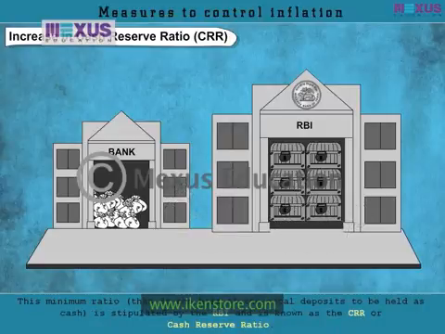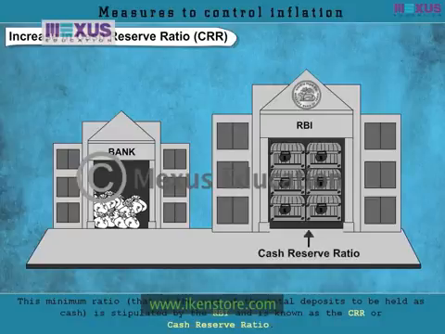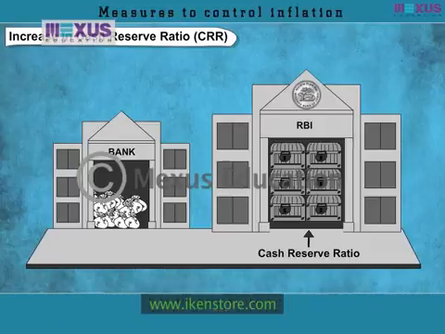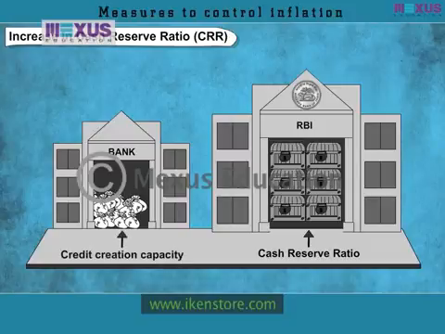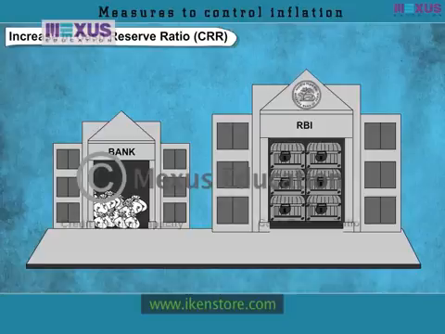This minimum ratio, that is the part of the total deposits to be held as cash, is stipulated by the RBI and is known as the CRR or cash reserve ratio. Remaining amount with the banks after maintaining cash reserve is called as credit creation capacity of that bank.